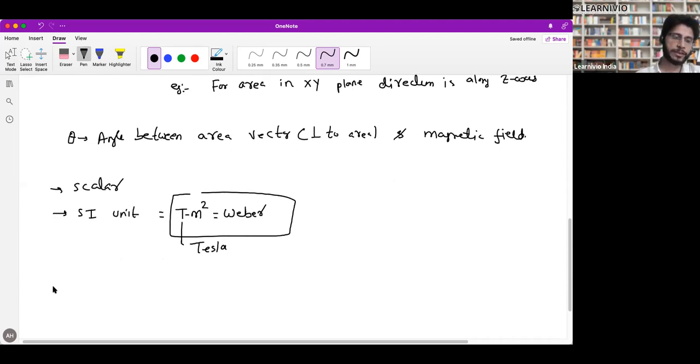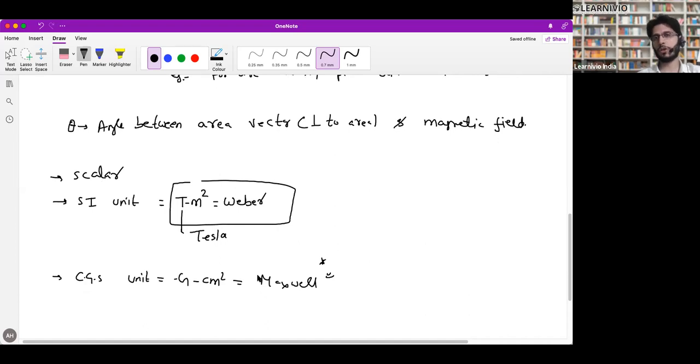That's the SI unit. Its CGS unit is Gauss centimeter square, which we call Maxwell. This unit is very important. If you look at previous years' questions from the first book of class 12th, this particular unit is asked many times.